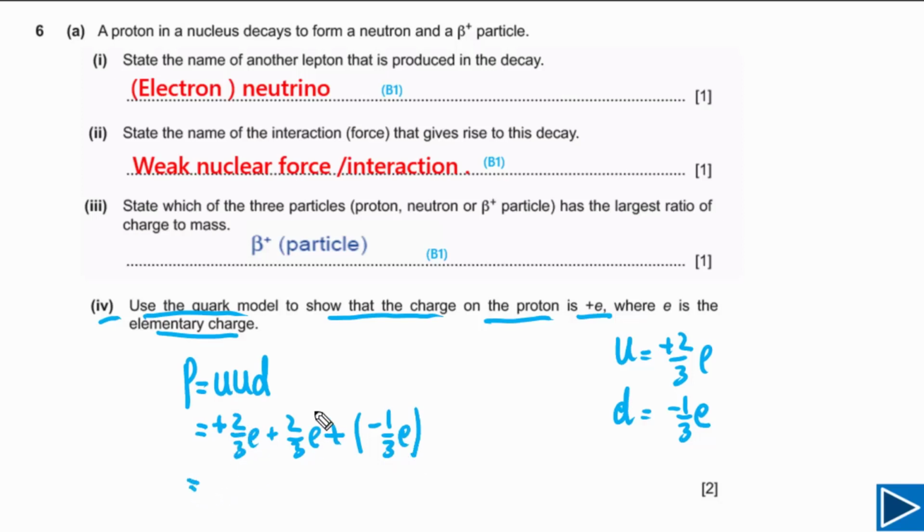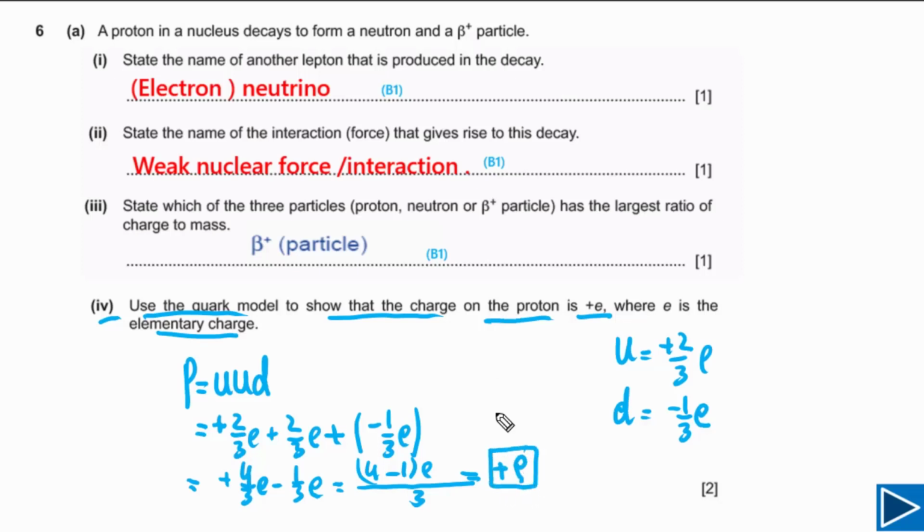So plus 2 by 3 e plus 2 by 3 e gives plus 4 by 3 e, minus 1 over 3 e. Now we can take the LCM, so this will be 4 minus 1, times e over 3. If we simplify this, our final answer will be plus e. So the charge on a single proton is equal to plus e.